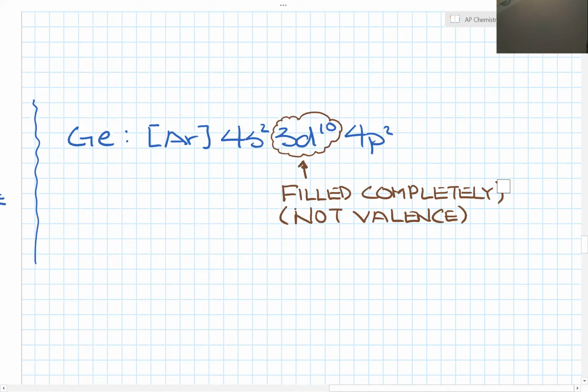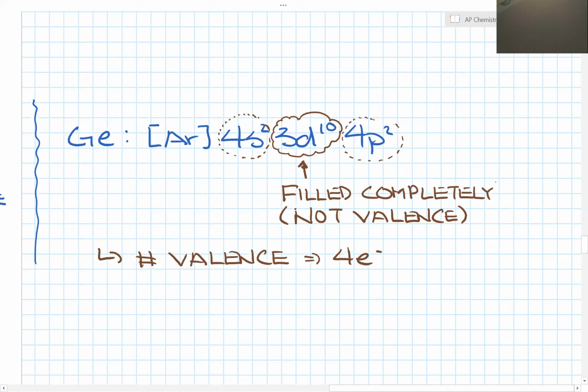Therefore, the number of valence electrons would be 4. Why? Because they came from the 4s2 and the 4p2. Okay, so that's talking about valence electrons.